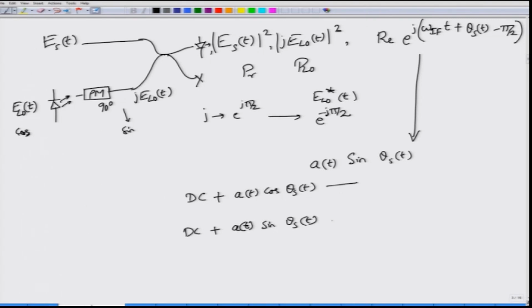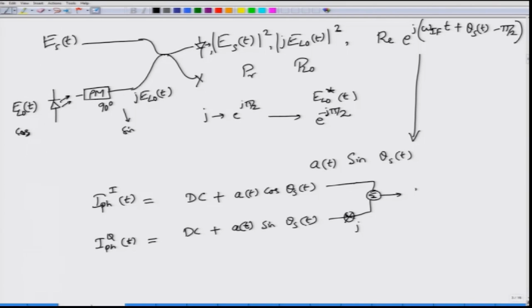These are 2 electrical signals, these are the photocurrents, one is the in phase component, the other is the quadrature component. So, I have obtained the in phase as well as the quadrature component. By using some electrical means, I can add them after multiplying the quadrature component by j, in order to obtain both the in phase as well as quadrature component.